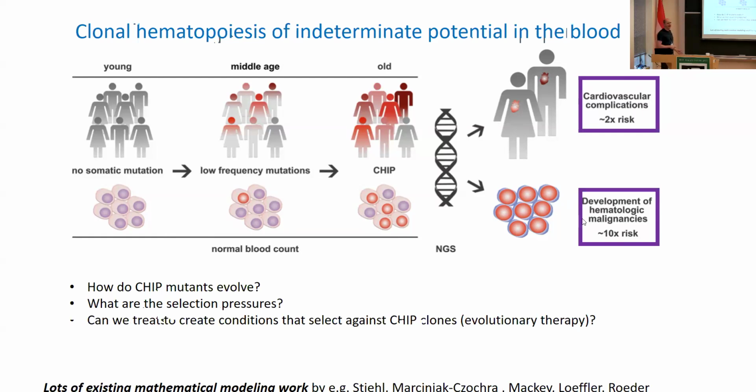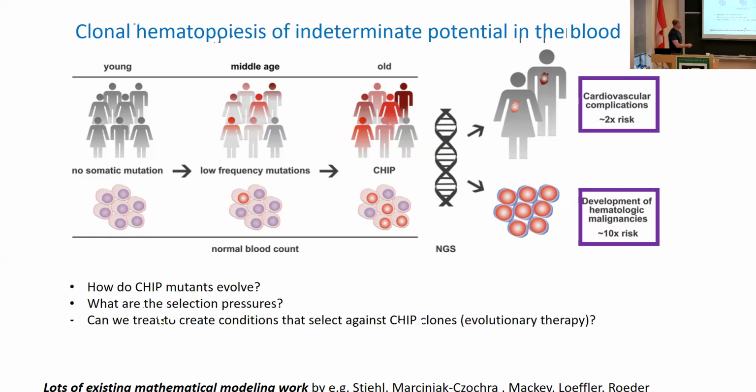So we want to understand how these CHIP mutants evolve. What are the selection pressures that account for the rise of the mutants? And if we understand these, can we have evolutionary treatments to reduce CHIP mutant burden?